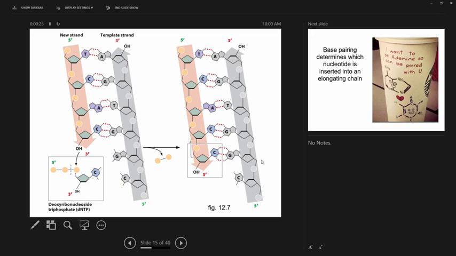This is the primer template junction, where you go from double-stranded DNA to the single-stranded template DNA. So the DNA polymerase needs this, some double-stranded DNA with a free 3' end where the single-stranded starts.